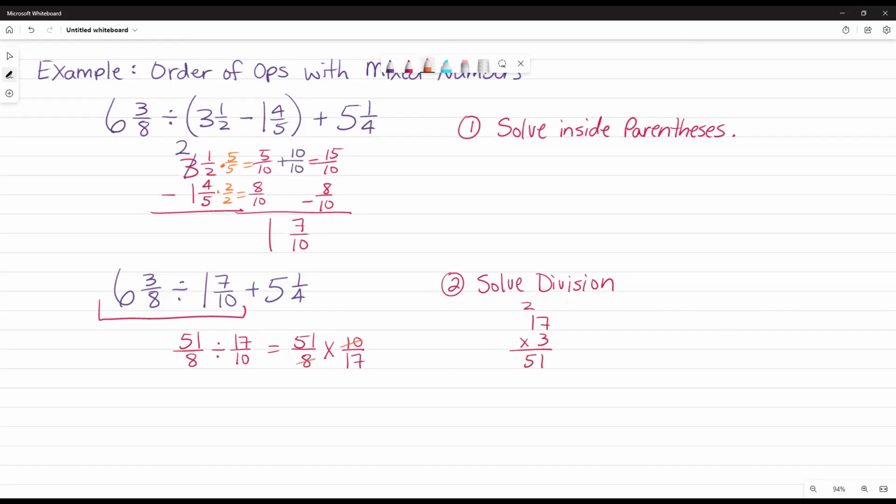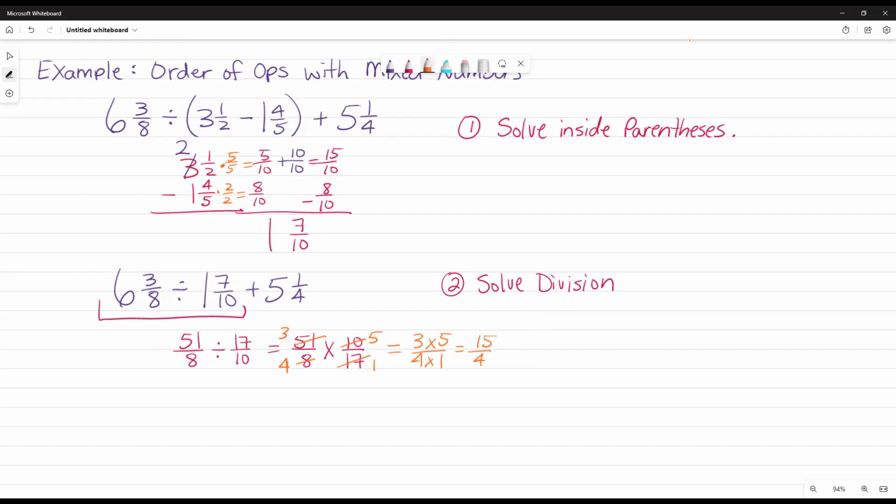We know that 8 and 10, 2 goes into it. So that becomes a 4, and the 10 becomes a 5. And we know the 17 goes into 51. So the 17 becomes a 1, 51 becomes a 3. And so now this just becomes 3 times 5 over 4 times 1, which gives me 15 over 4.